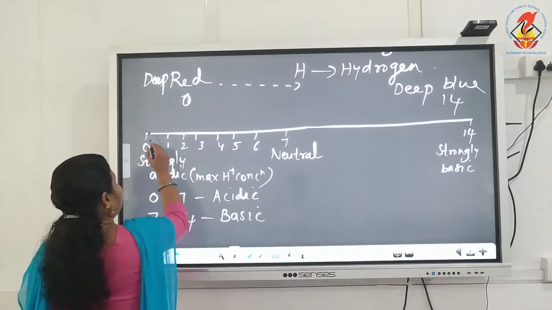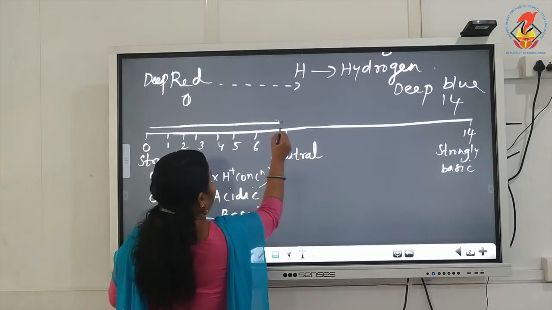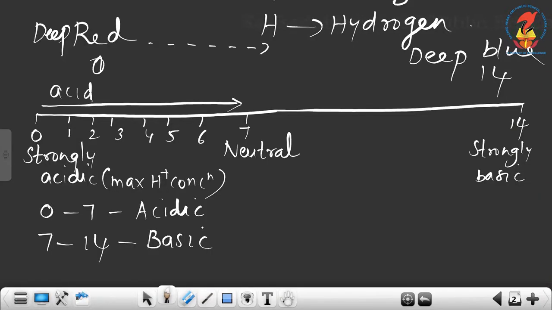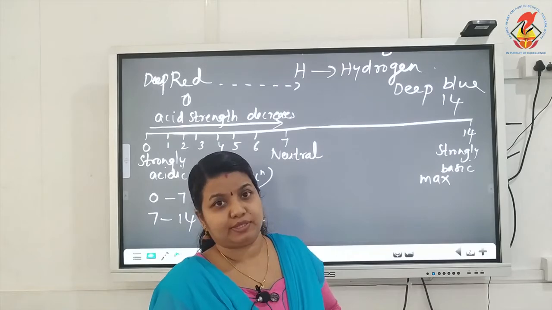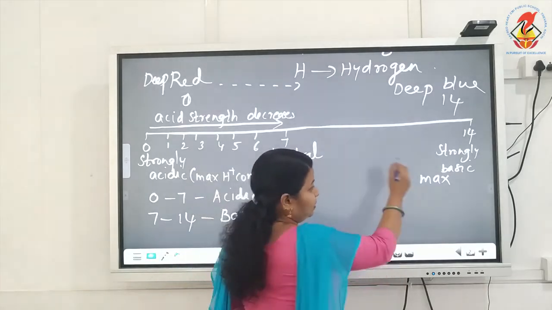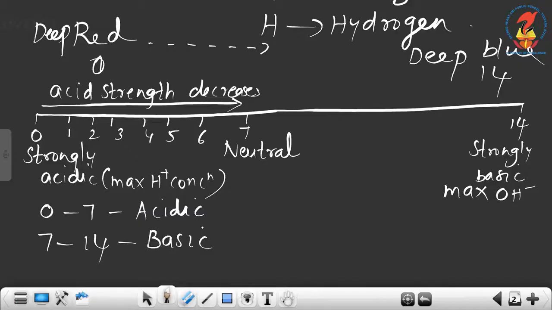Okay. So, as you move from left to right, what happens to the acid strength? Acid strength decreases. Now, what is the reason for the basicity of all bases? The presence of OH minus ions, hydroxide ion, and a strong base will have maximum hydroxide ion concentration.